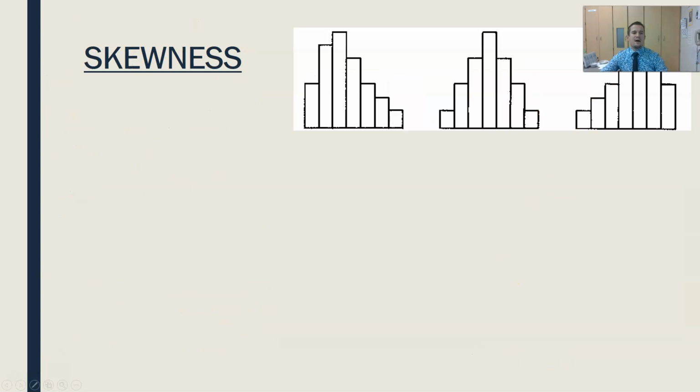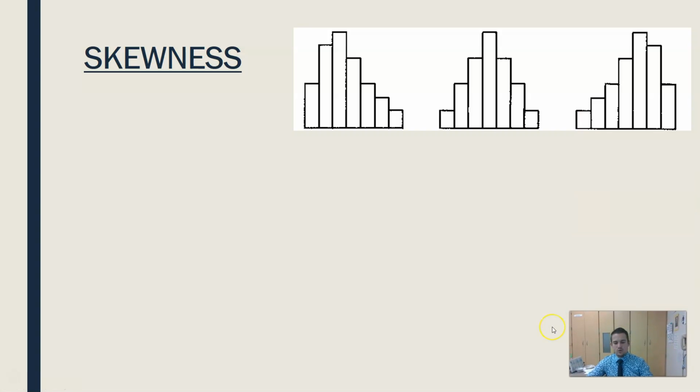So talking about histograms, we need to talk about skewness. Skewness is when my graph is skewed one way or the other, or if there's a tail. You notice this middle graph is really nice and symmetric. If I were to fold that graph in half, it would fold right over on top of itself. Most of the data points are in the middle, and there are fewer of them on the edges.